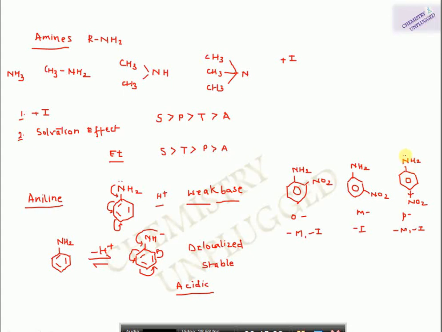Because of the minus M effect, the nitro group attracts electrons towards itself, so the electrons are less available on the NH2 group. In this way, the basic strength of aniline is further decreased at the ortho and para positions. So the order of basic nature will be maximum for meta, then ortho, and last para, because at the para position the mesomeric effect is maximum.